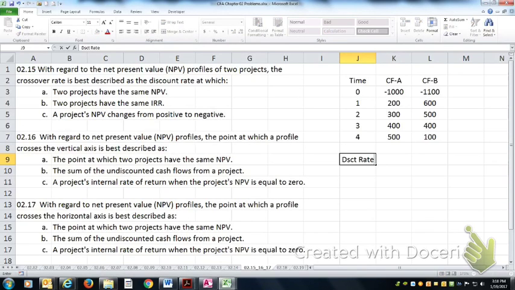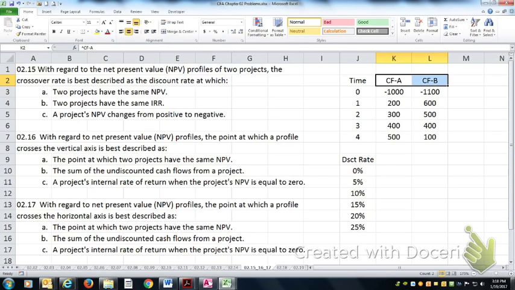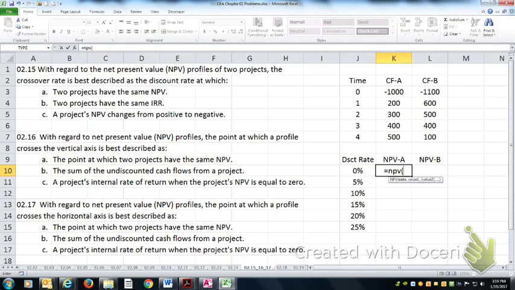So if the discount rate is 0, 5%, 10%, 15%, 20%, 25%, I'm just picking those arbitrarily, then the NPV for B would be equals NPV, pick the rate, I'm going to lock in that column, take the NPV of the cash flows in periods 1, 2, 3, and 4, and then net that against the present value of the cash flow in time 0.